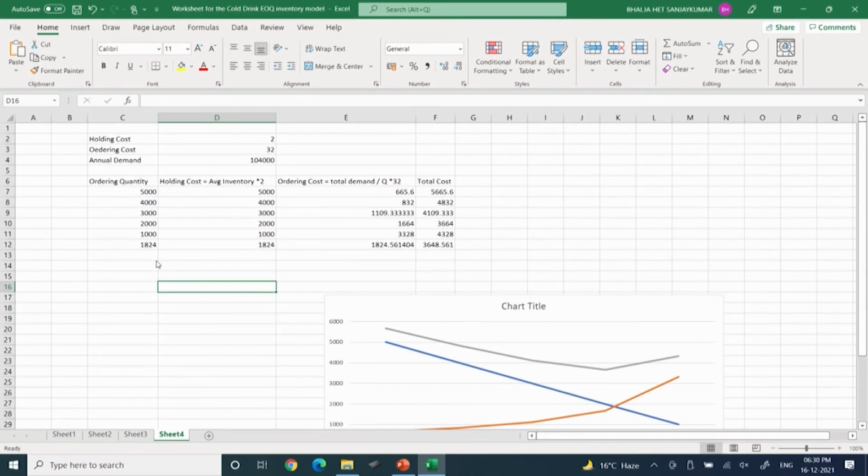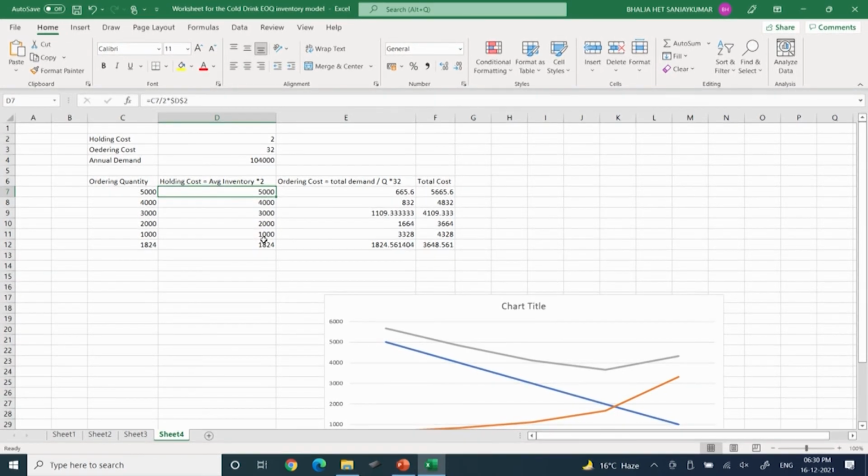Now, for the ordering quantity from C7 to C12, I am going to substitute randomly 5,000, 4,000, 3,000, 2,000, 1,000. Here I am going to find out, suppose if I order 5,000 units, what will be my holding cost. So, in D7 you see that formula: average inventory, C7 upon 2 multiplied by holding cost $2. Like that I have dragged down up to say ordering quantity 1824.